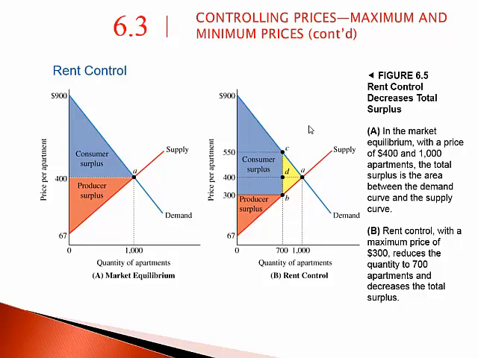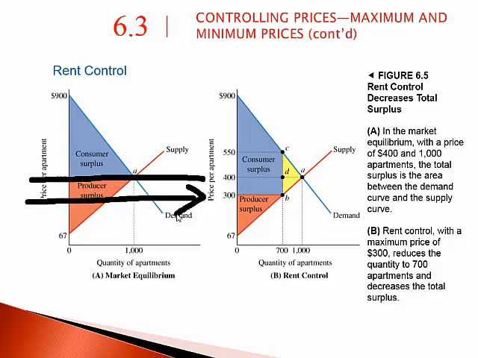What the government says is, instead of setting the price right here on an apartment at $400, we believe that the price should stay at $300. Because of that, some of this producer surplus is going to be cut out. And what we see is the price will hit our supply point right there, and that's our equilibrium.